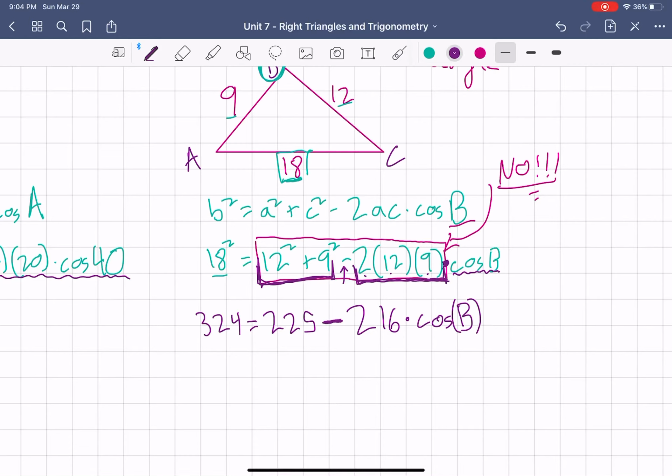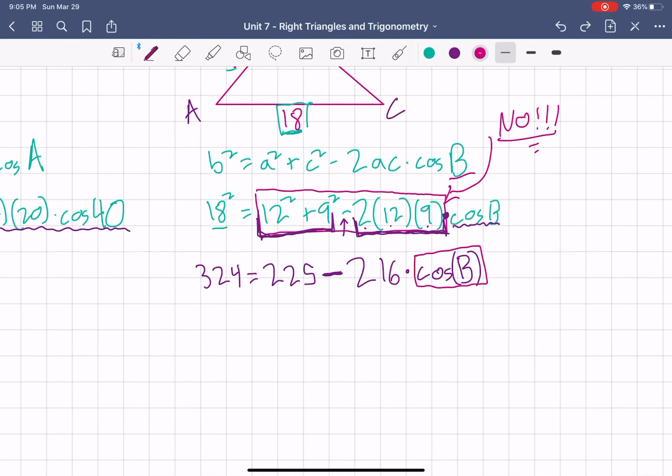Okay? So now the way to think about it is as if this piece were an x. So it's as if you were doing 225 minus 216x. You can't do 225 minus 216 because they're not like terms, okay? So that's kind of what's happening here.